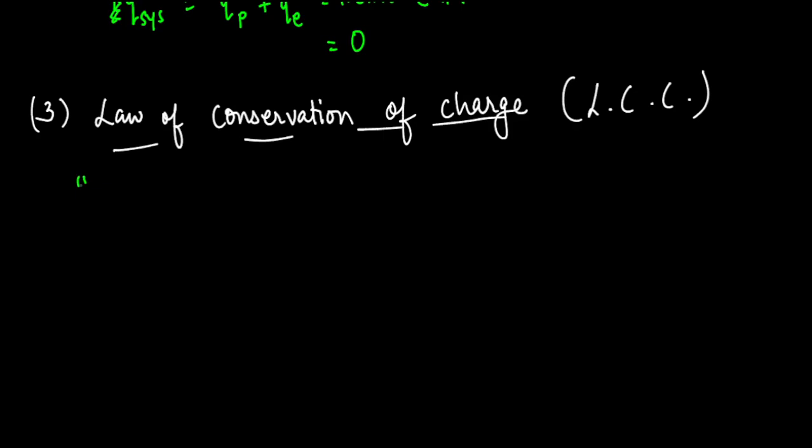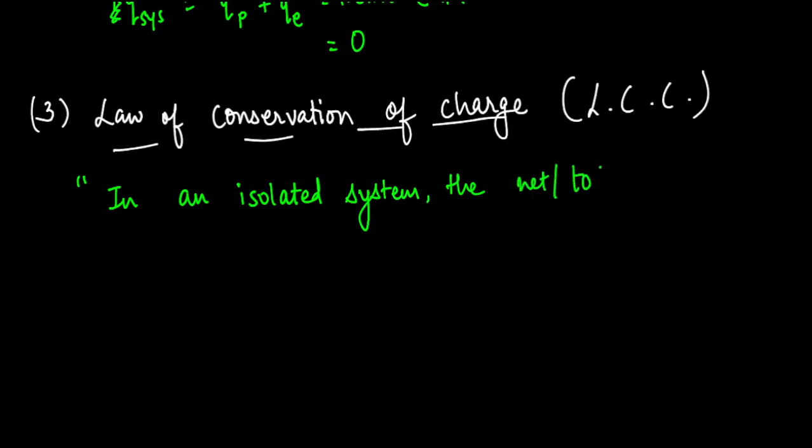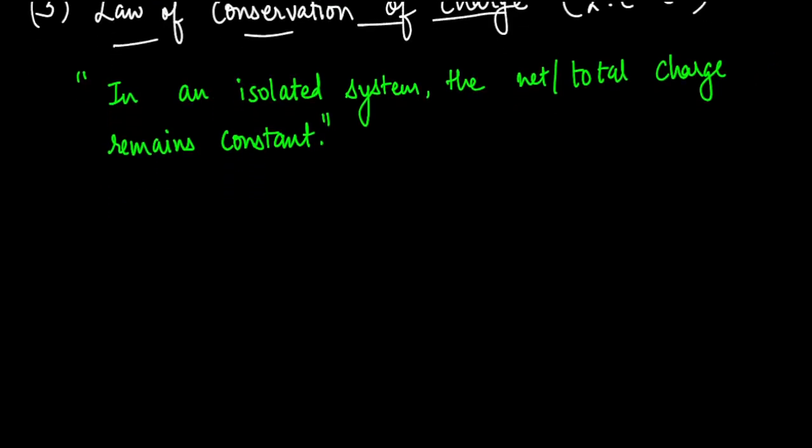The statement is that in an isolated system, the net or the total charge remains constant. So if there is an isolated system, then the net charge in that system remains constant.